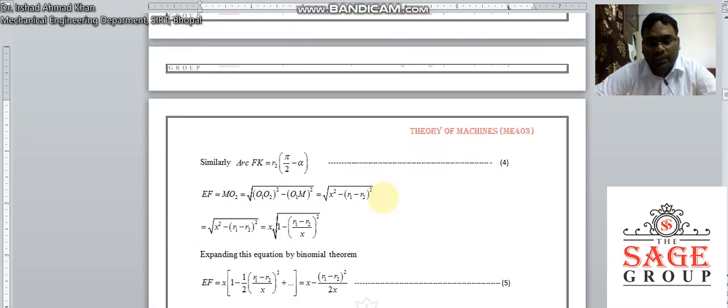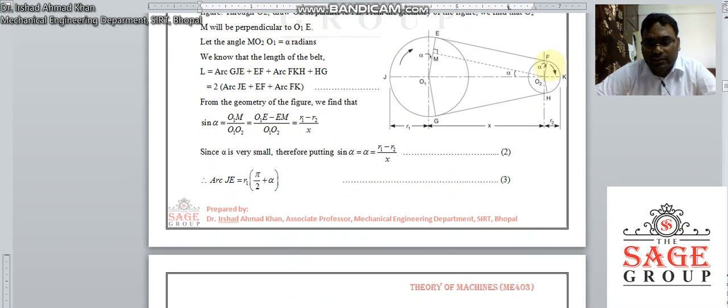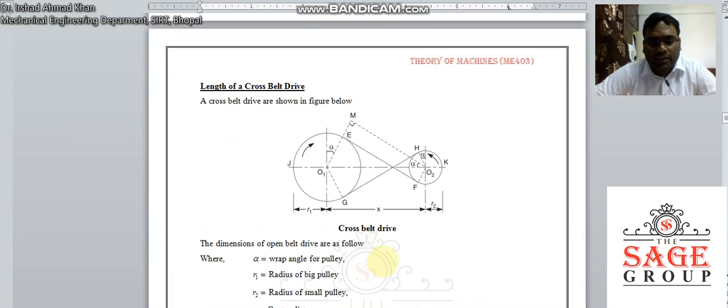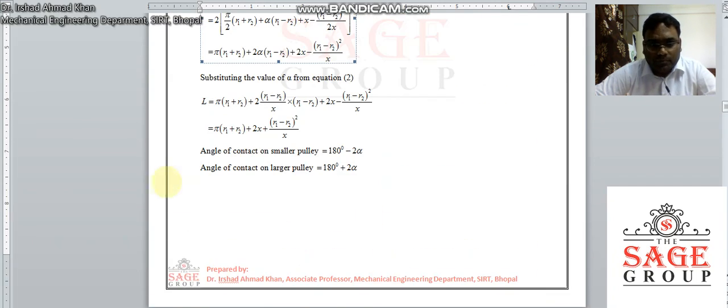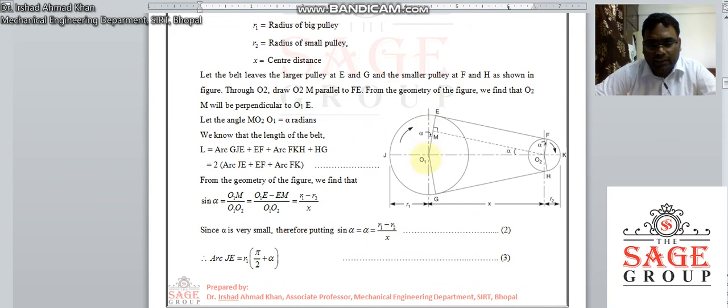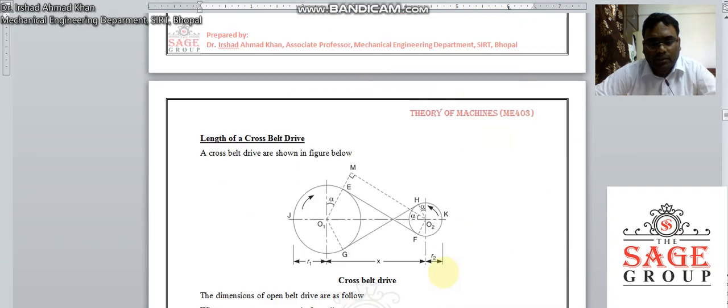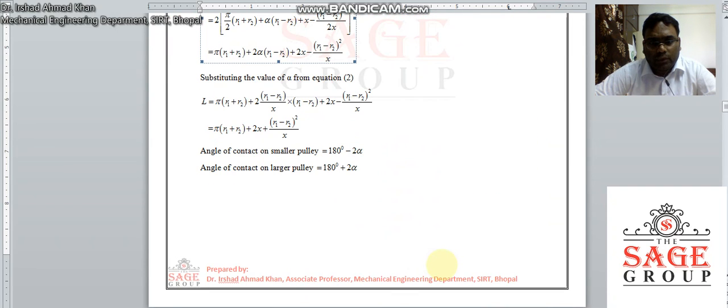Understood? This is called the angle of contact. You can see 180 minus 2 alpha here, and for the larger pulley it is 180 plus 2 alpha. Okay, thank you so much.